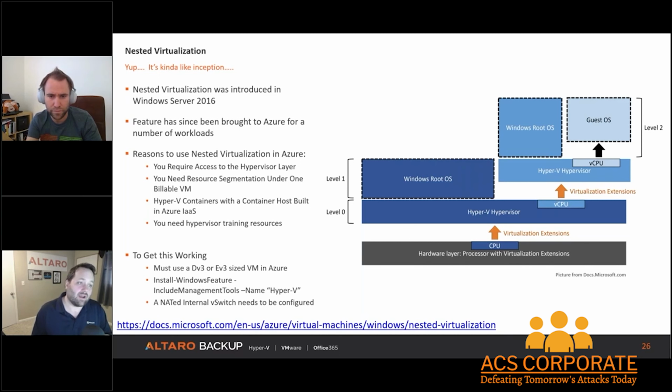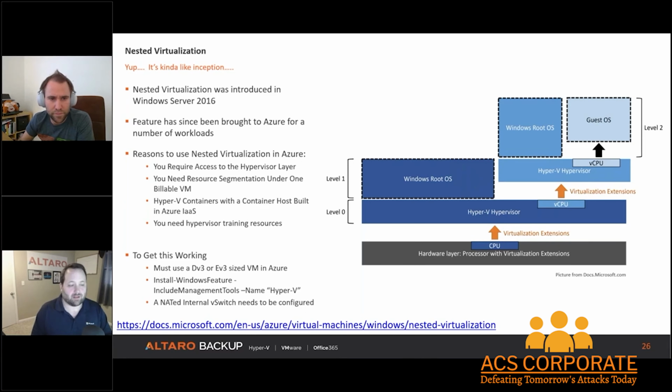A lot of places don't have recent hardware lying around that they can spin up in a lab and test out Hyper-V features and things like that. The nice thing here is that you can spin up a virtual machine in Azure, and it's relatively cost effective for a couple of days to run the VM and do your testing and kind of get used to things, and then just blow the VM away when you're done. And it's a great use case for that.